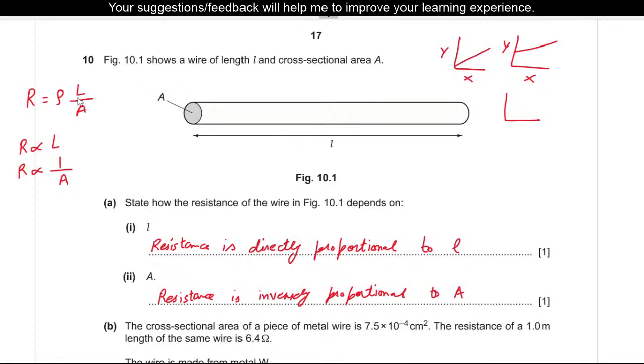When it is directly proportional, the line will be a straight line that will pass through the origin, like this. But these two are not directly proportional to x in these two situations. It is only this situation in which y is directly proportional to x. So you have to write here that resistance is directly proportional to length and resistance is inversely proportional to area.